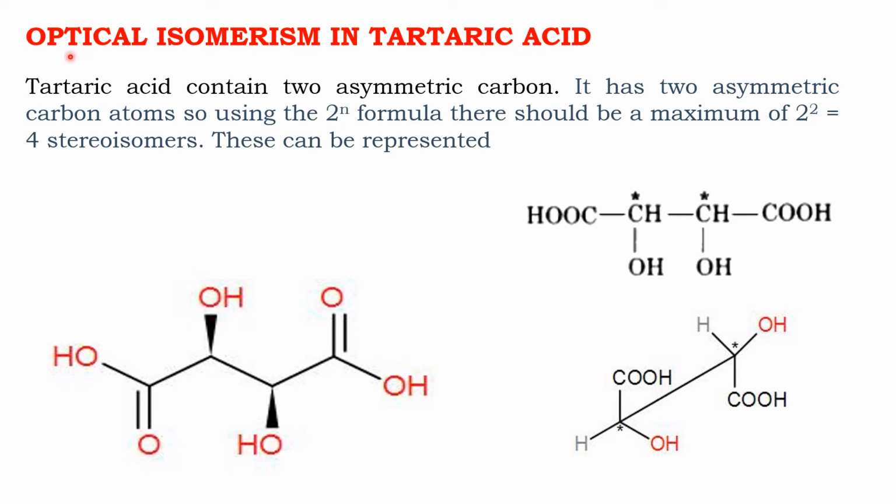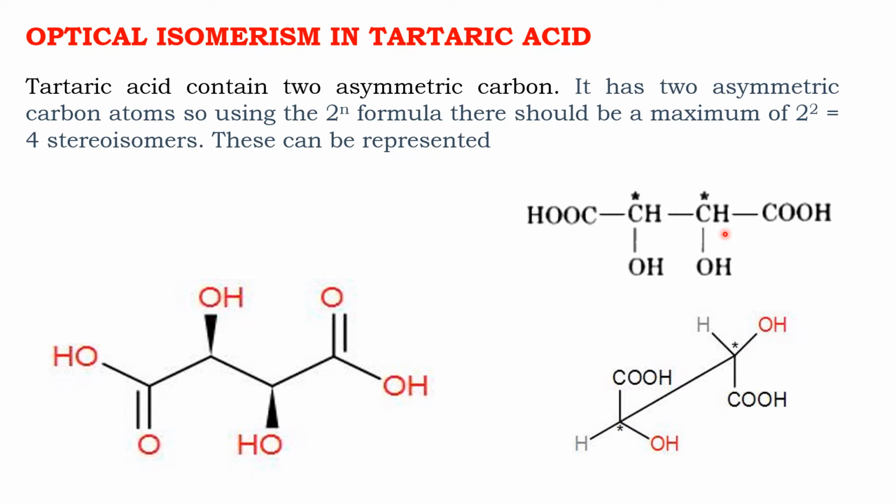Now we have to see the optical isomerism of tartaric acid. This is tartaric acid: COOH, CHOH, CHOH, COOH. Tartaric acid contains 4 carbon atoms. Out of the 4 carbon atoms, 2 carbon atoms are asymmetric, that is, the second carbon atom and the third carbon atom.